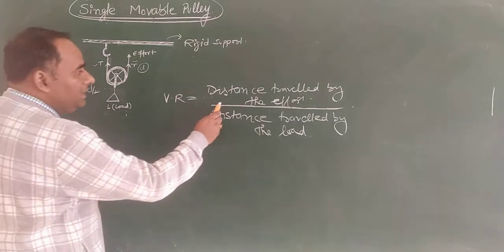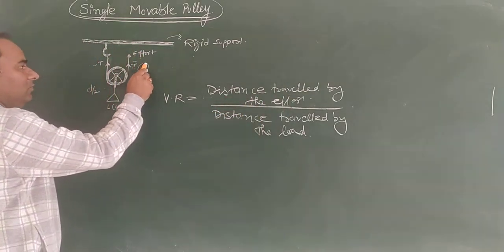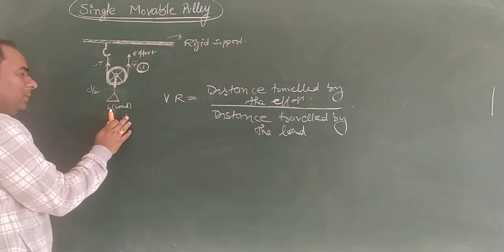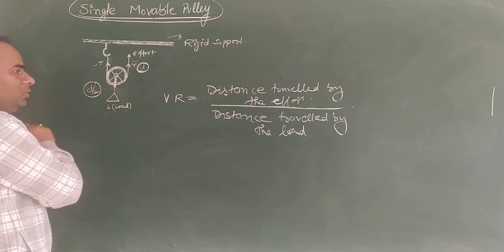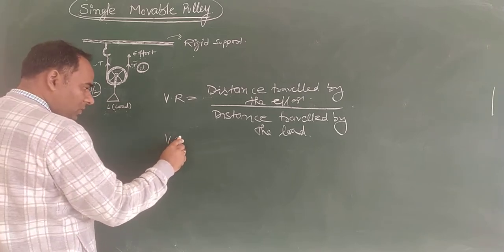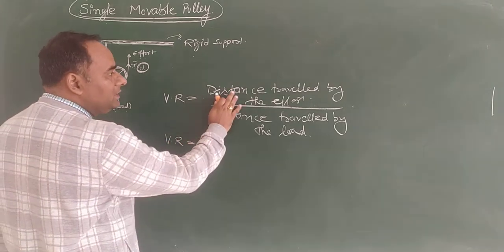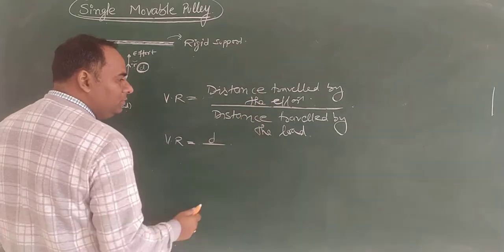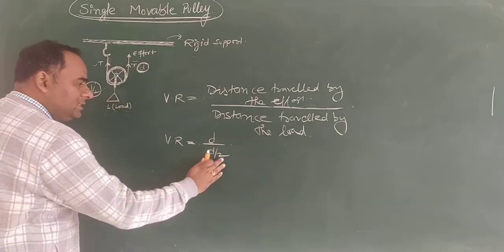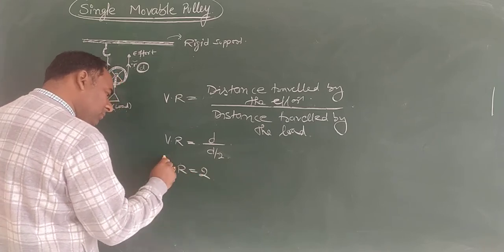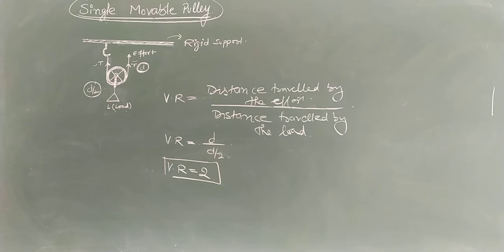If d is the distance traveled by the effort, in that case the load moves up a distance d by 2. In that case, how much will the load move? d by 2. Put the value in the velocity ratio: distance traveled by effort is d, and the load moves upward by a distance d by 2. So here what is the velocity ratio? Again the velocity ratio is 2. So this is your velocity ratio for a single movable pulley.